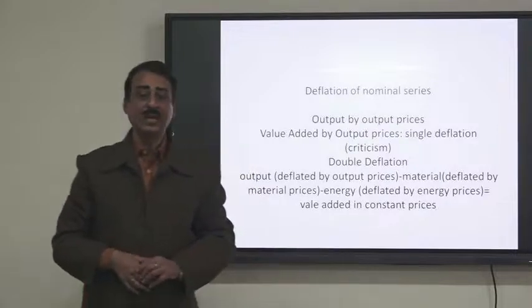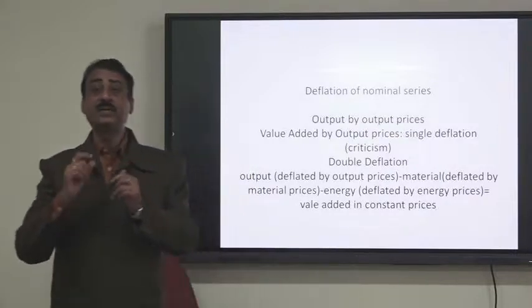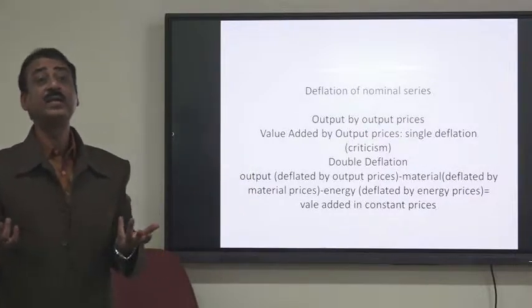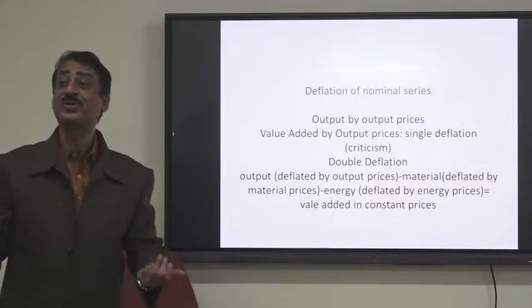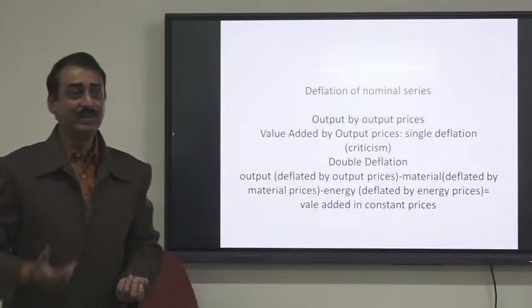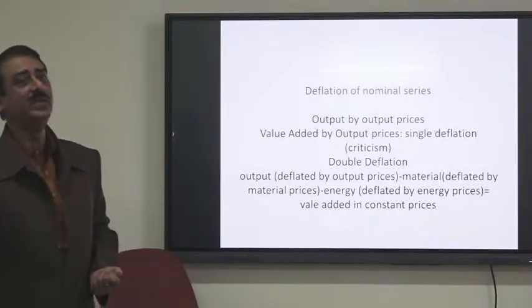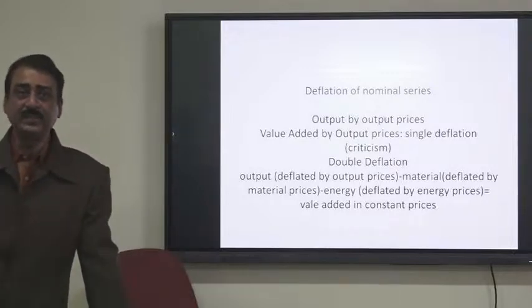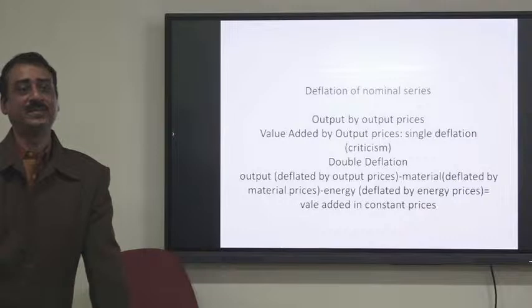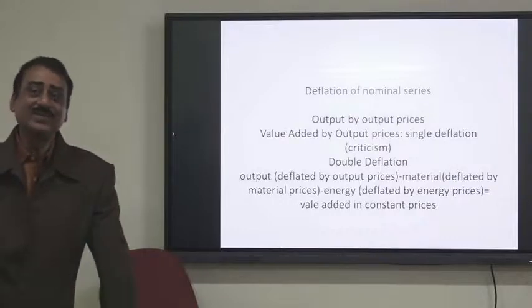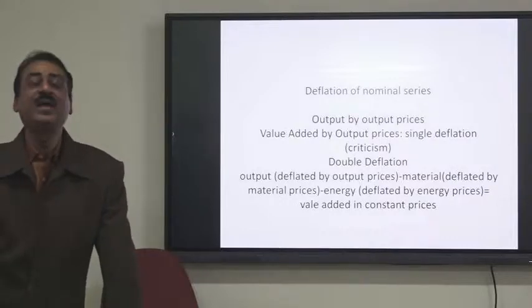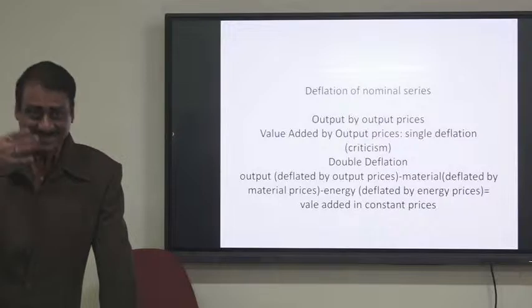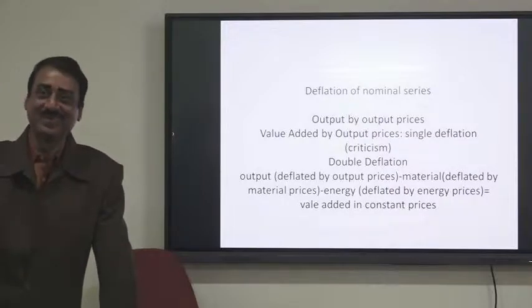So therefore, you will have to deflate the value added. How would you deflate? The value added price is not available anywhere. You will have output prices, you will have input prices. So some people take the output price series and deflate the value added series. But that is wrong. It's not wrong, I would say it has certain problems.